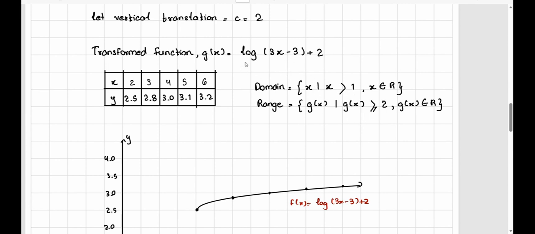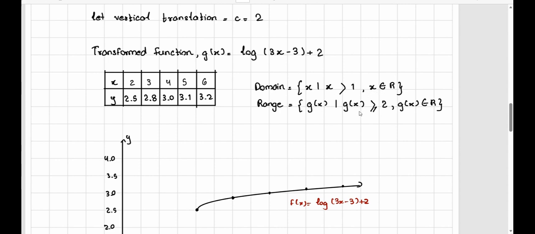For example, negative 2, 3 times negative 2 is negative 6, negative 6 minus 3 is negative 9. So log negative 9 is undefined. So the only values you can substitute as x are all positive numbers greater than 1. And yeah, x belongs to the real numbers.